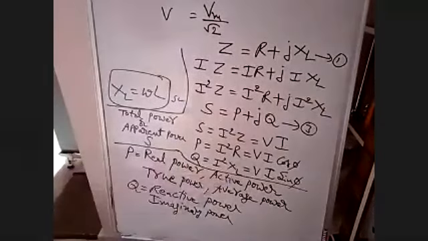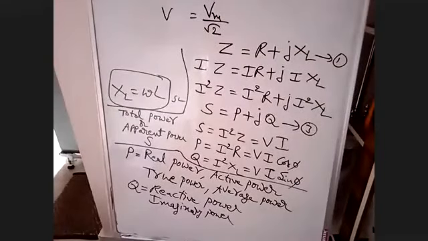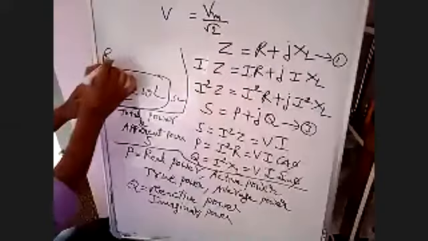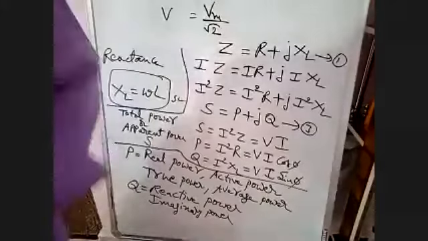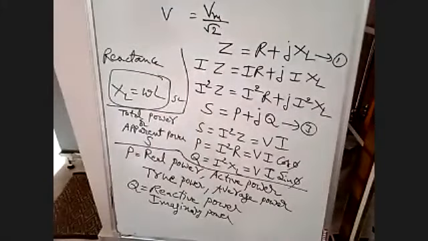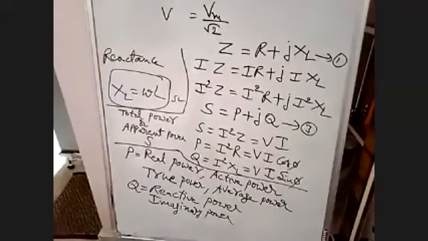What is XL? XL is equal to omega L. That is reactance. XL is reactance, but Q is I square into XL. That's why it is called reactive power.